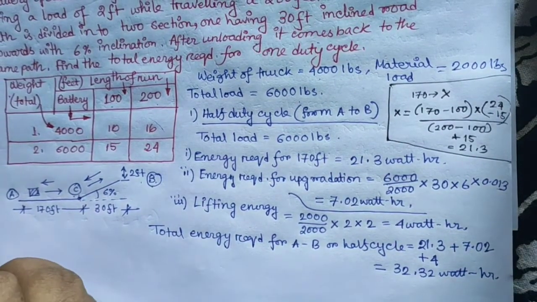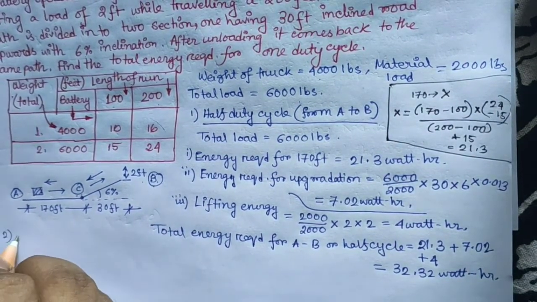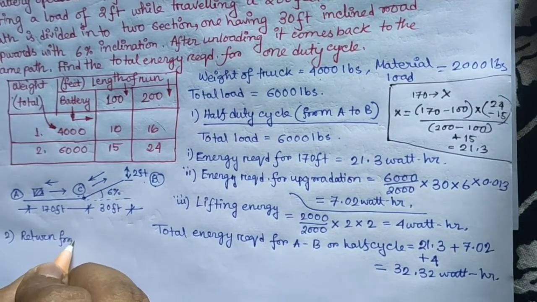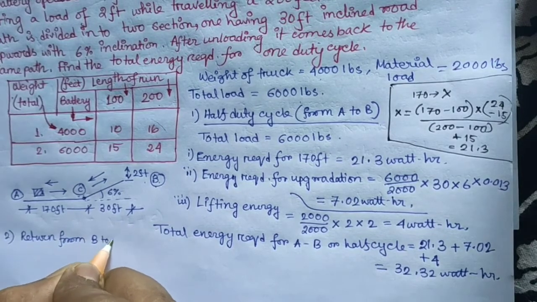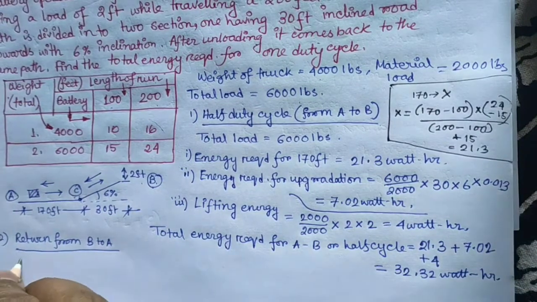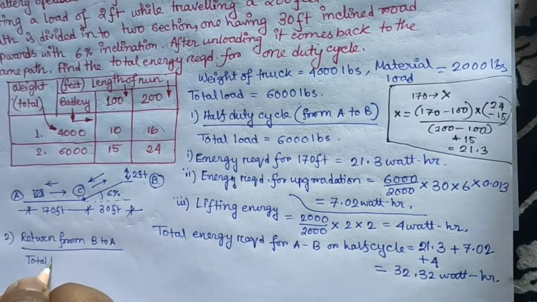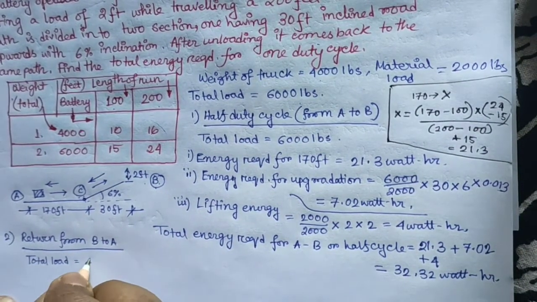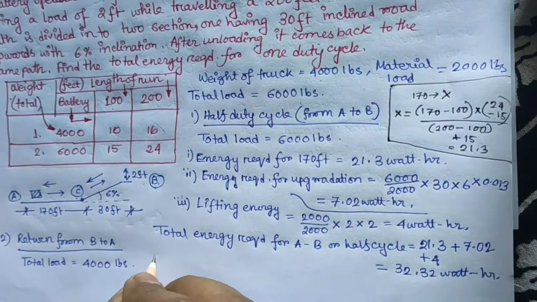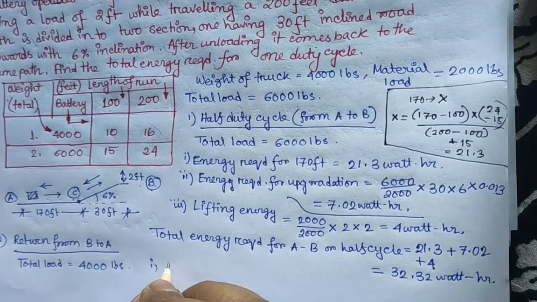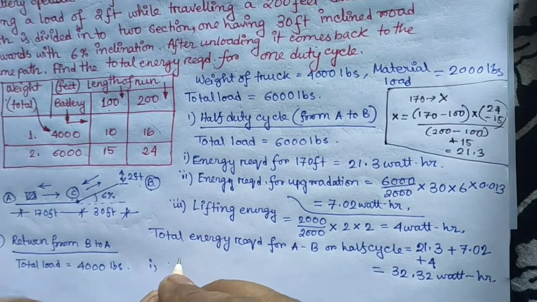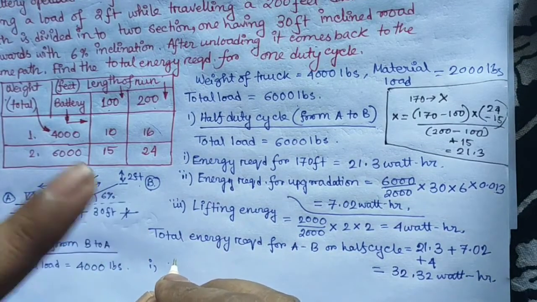Okay, now the next thing, number 2, return from B to A. Now the total load, that is 4000 pound. So number one, see, already the fork has been lifted.